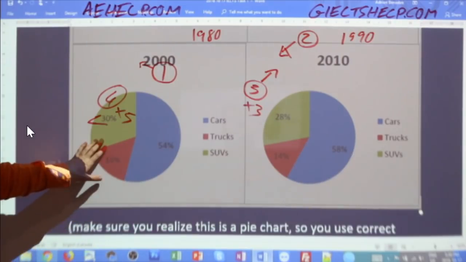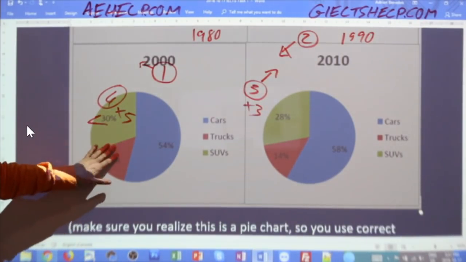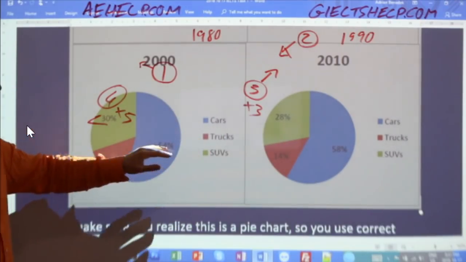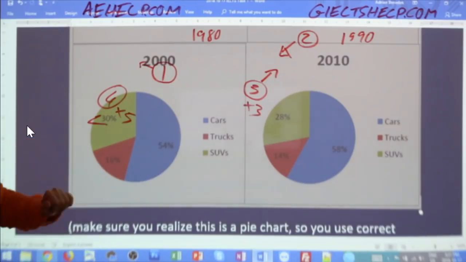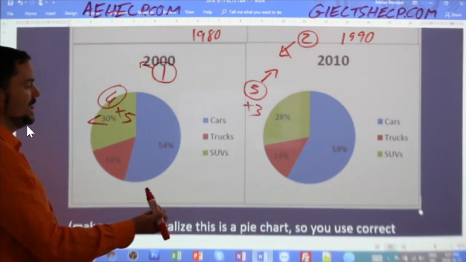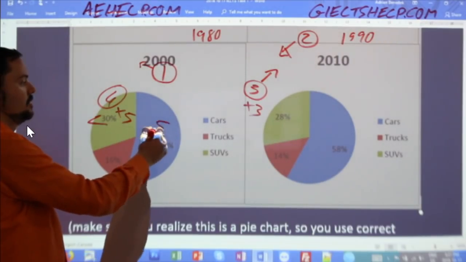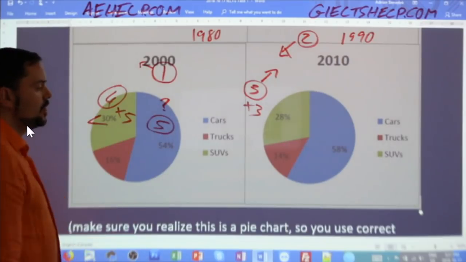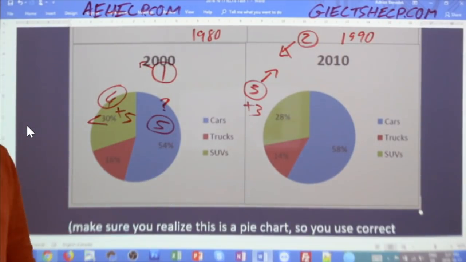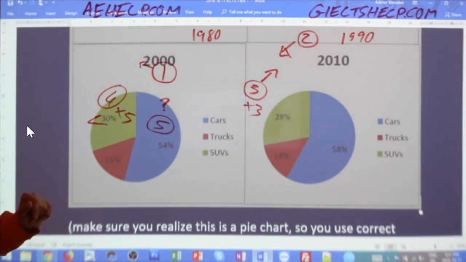So trucks and SUVs, their increased sales have taken mostly a bite from the sale of cars, which by 2000 are at 54% of the market. So again, depending on how fast of a writer you are, you might include this for your point number 5. If you're not too fast, then don't worry about that. It's more of a detail.